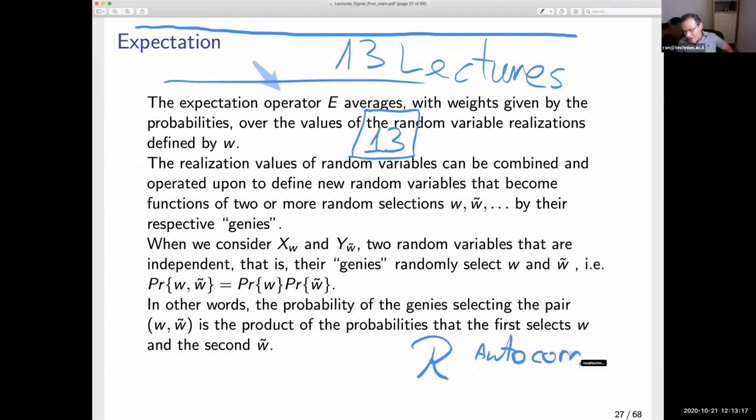Why? Because it is really important. If somebody tells you that he knows what PCA, principal component analysis, is, and at the end of this course you would like to call yourself a data scientist, without understanding what an autocorrelation or correlation matrix is, you will not be able to do PCA properly.